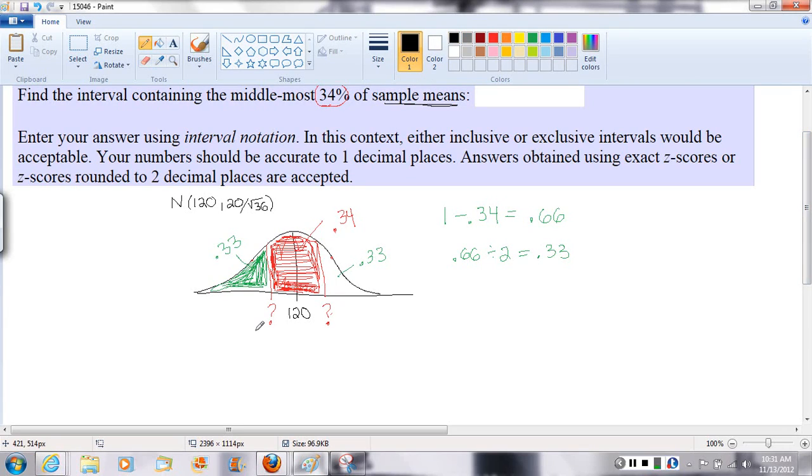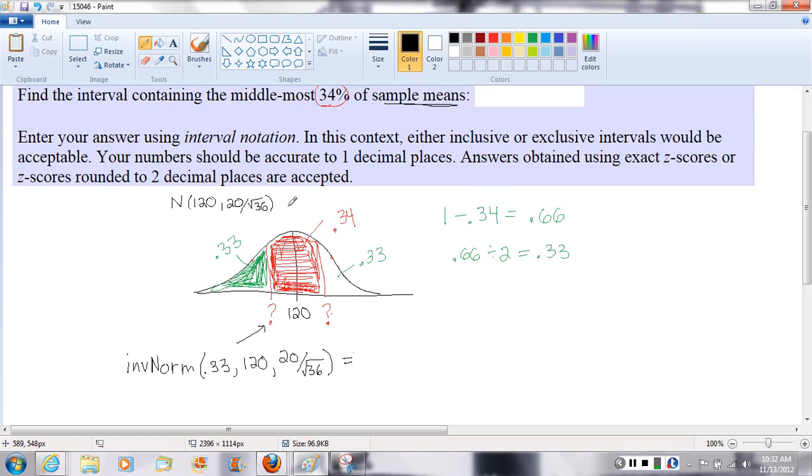All right, so let's go ahead and do our calculation now. Let's find this side first. So we can use the inverse norm command, and we enter the area to the left, so that's 0.33, and the mean, which is 120, and the standard deviation, which is 20 divided by the square root of 36. You might notice that that's 6, so you could put a 6 in right there, or you could keep it as square root of 36. It's going to come out the same either way. So we'll do second vars, inverse norm, option 3, and then put in 0.33, comma, 120, comma, and then 20 divided by the square root of 36.